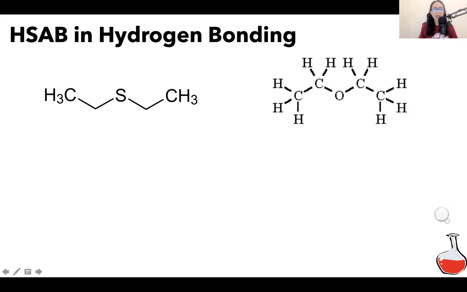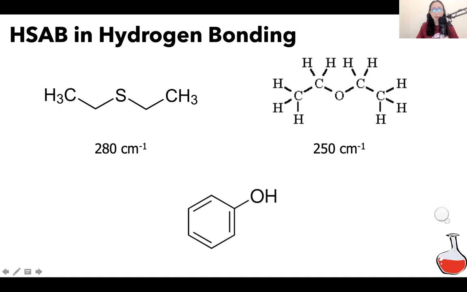They are hard acids, which means that the interaction of phenol with diethyl ether is more favorable than the hydrogen bond of phenol and diethyl sulfide. In fact, when we look at the infrared spectrum of the phenol and diethyl sulfide and the phenol and diethyl ether combinations, looking at the OH band, for the phenol diethyl ether mixture, the OH stretching band is shifted by 280 wave numbers.